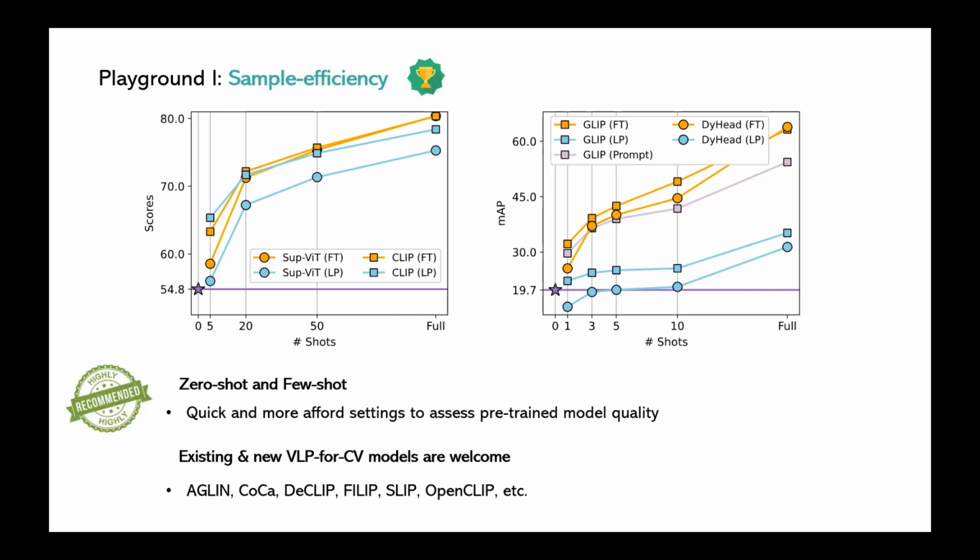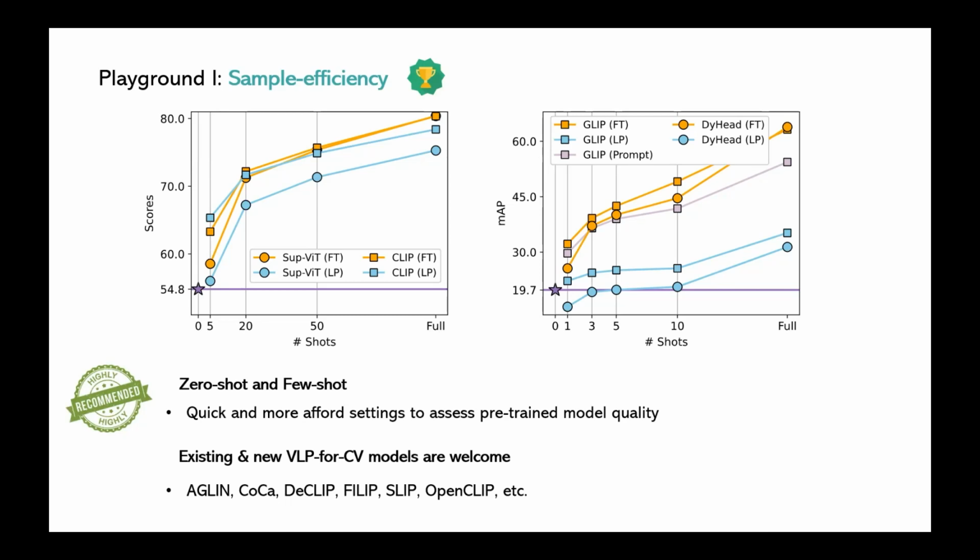I'll also recommend three different playgrounds based on this benchmark, to accommodate different research efforts in our community. The first one is sample efficiency. A good model should be able to achieve good performance with a smaller number of training examples.